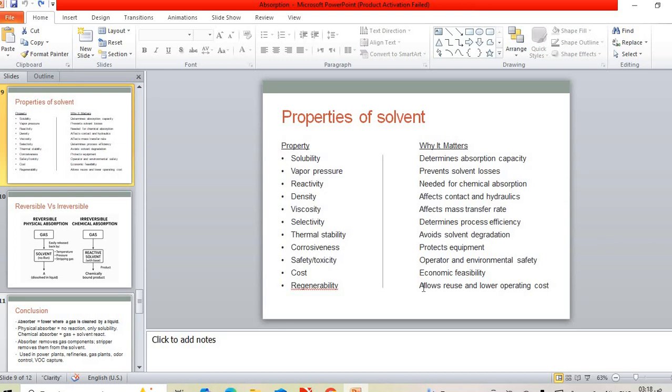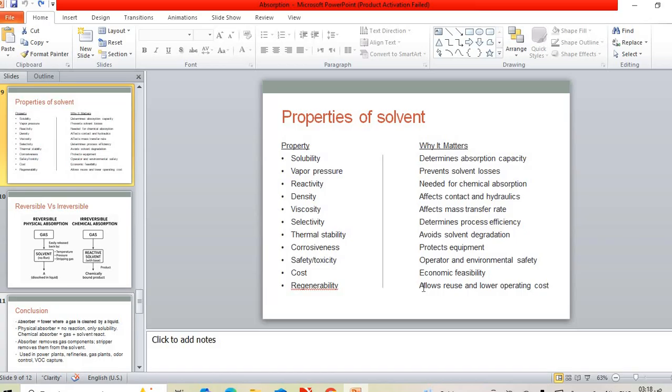because at the end of the day, these liquid streams are working through equipment. So you don't need this equipment and these pipes to be corroded by a solvent you're going to use for a long time. So you need to select a solvent that has low corrosivity, so your equipment, fittings and pipes can live longer, and you save money.